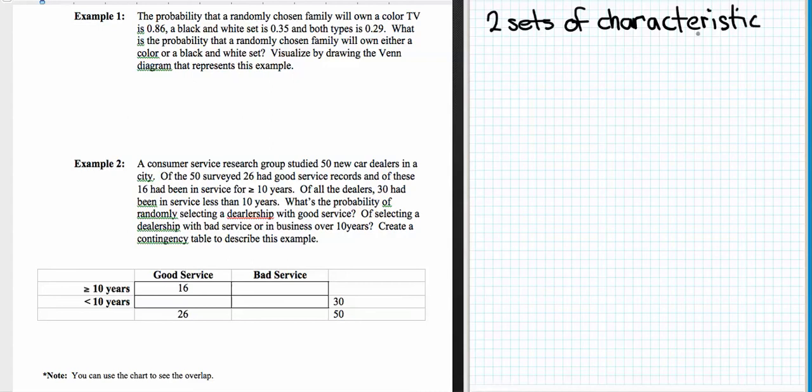And one of the car dealerships' characteristics is their type of service. That's one of the sets of characteristics that we have. Now, in the types of service, we have two different classifications. We have bad service and we have good service.